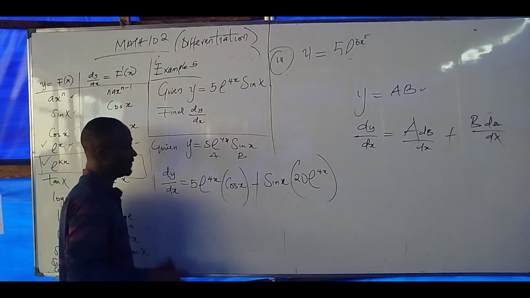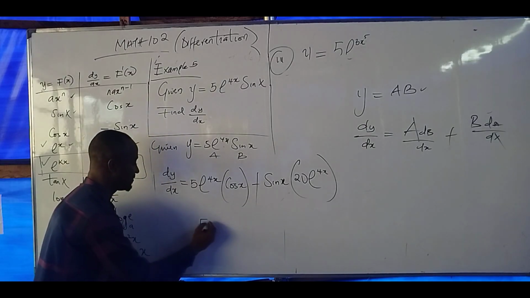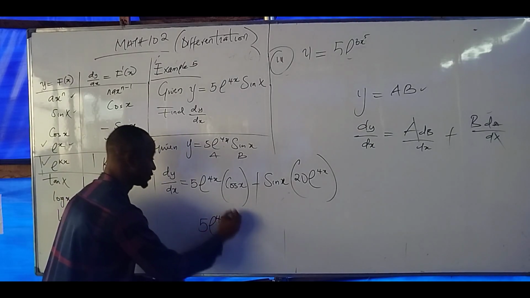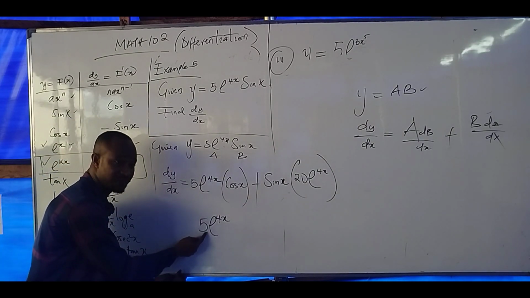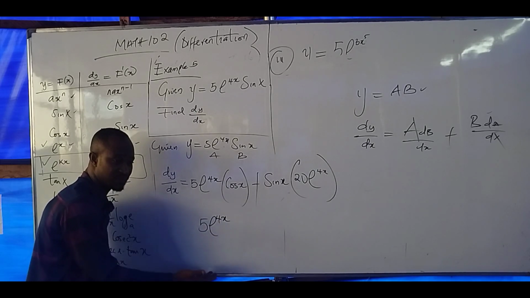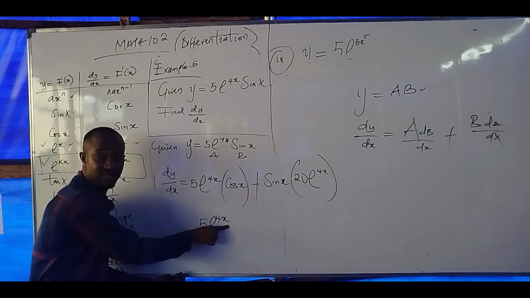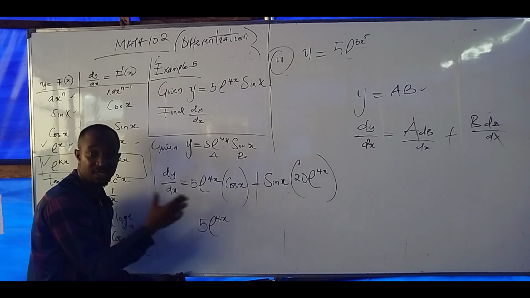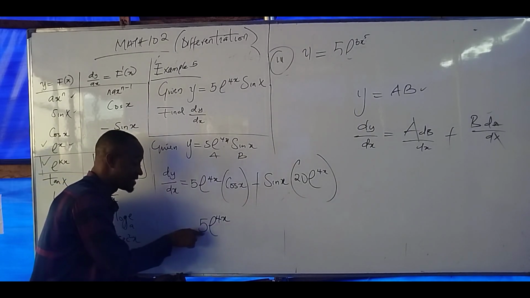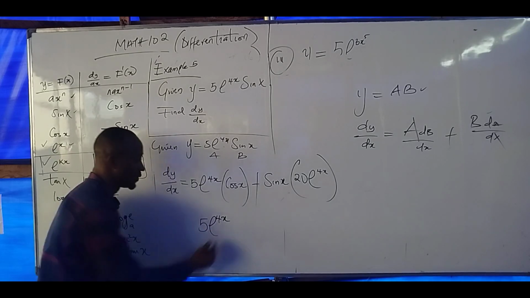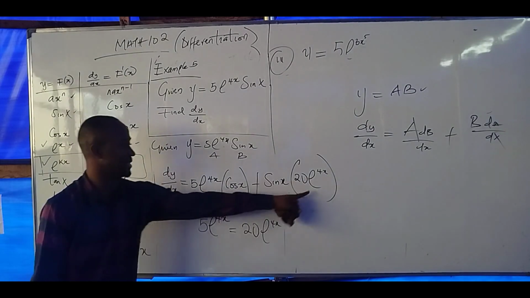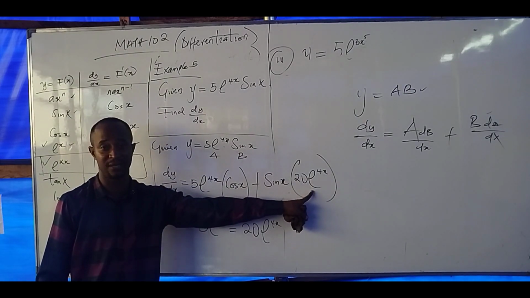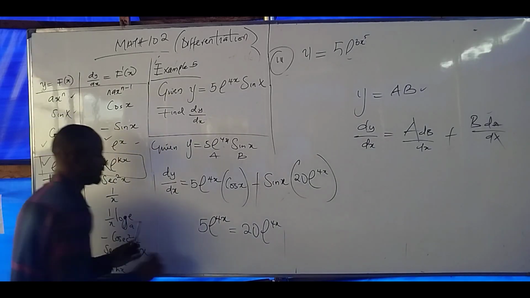I told you guys, if we have 5 exponential 4x to differentiate, because there is no unknown value attached to 5, I can do a direct differentiation. Like differentiating 4x, the answer is 4. That 4 times 5 is 20. So that will give us 20 exponential 4x, which is this here.